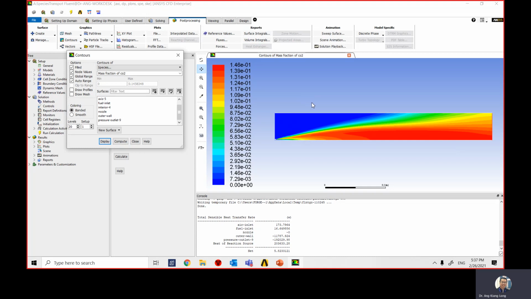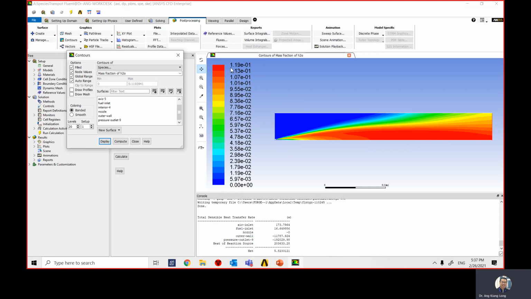mass fraction. And you can see it for water also, because you generate water as a chemical product in combustion. So you can go and select water and click display. You'll see that the maximum of water generated in the combustion will be in this region. Same with the CO2, the percentage is very small.